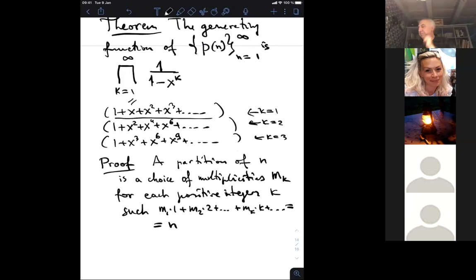So from this it follows that if n is fixed, only finitely many of these m_k can be non-zero, and for large k, for k bigger than n, these must obviously be zero.